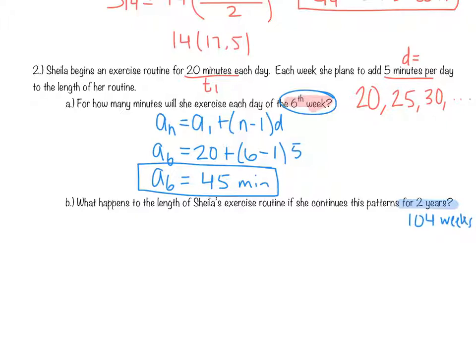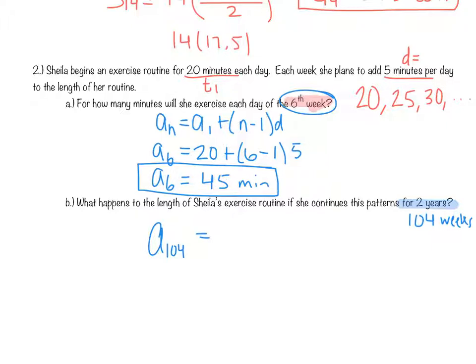So basically, what we're trying to find is what would be the 104th week. So again, we're using a sequence here because we're trying to find a specific week and what would happen that week. So we're looking at a of 104, the 104th term.